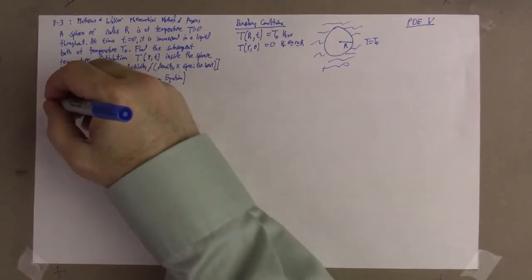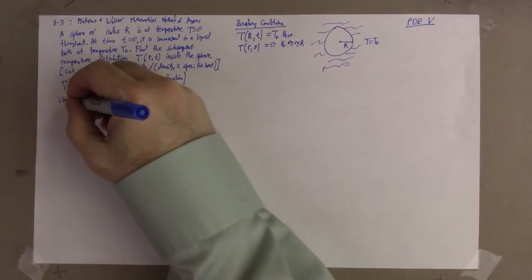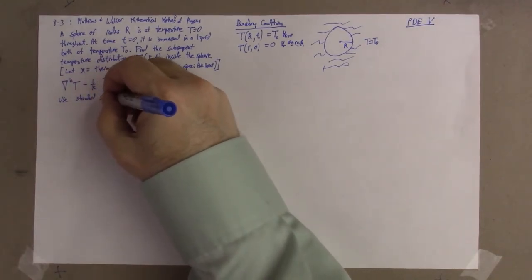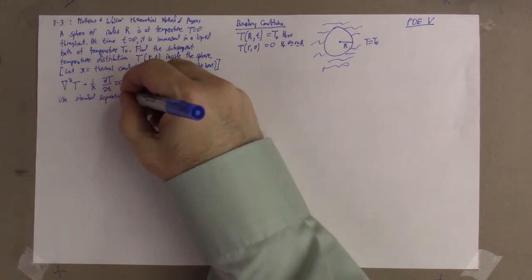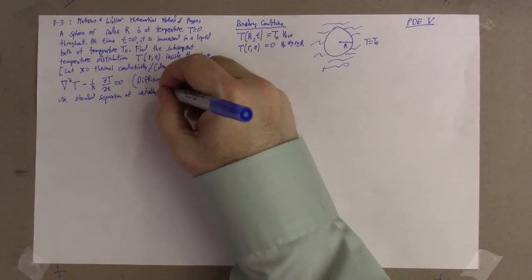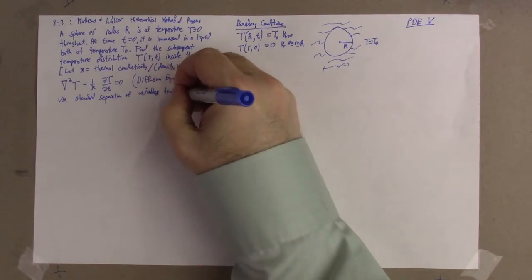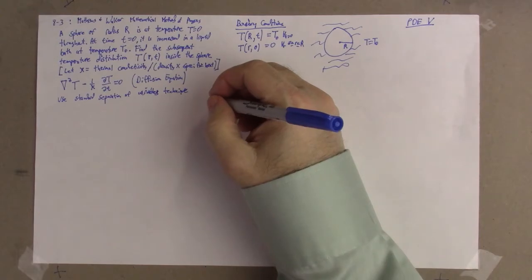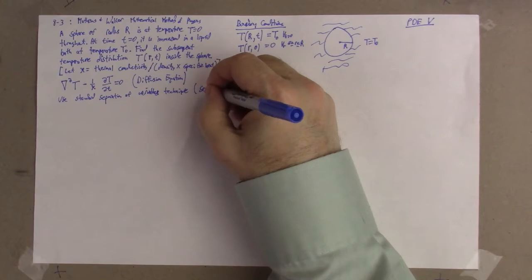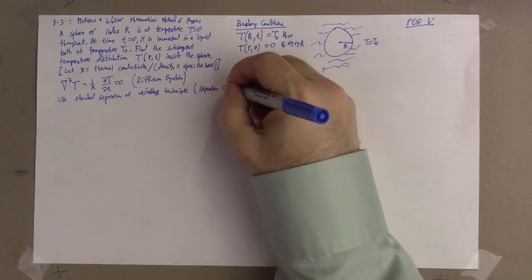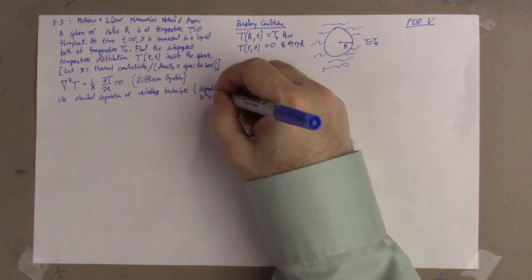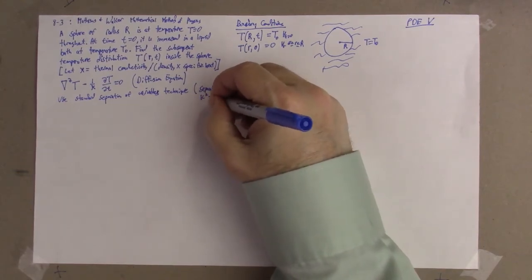So we use the standard separation of variables technique. I'm going to call the separation constant k squared equal to lambda over kappa.